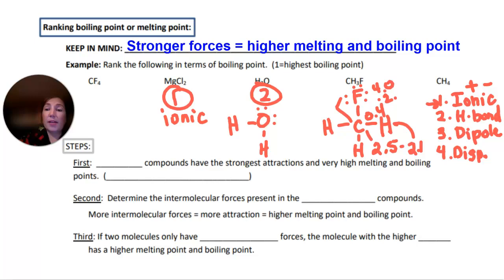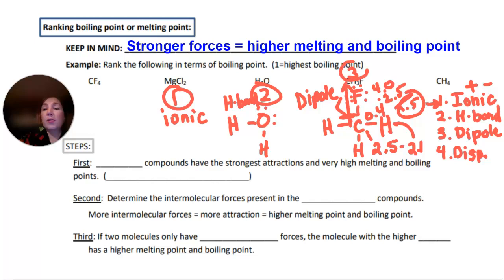So you've got 4 minus 2.5, a 1.5 electronegativity difference. This is a really polar bond. So because of that, you are going to have dipole forces. So maybe I need to label this one with H bond, and this one's going to be dipole. So CH3F is our number 3.